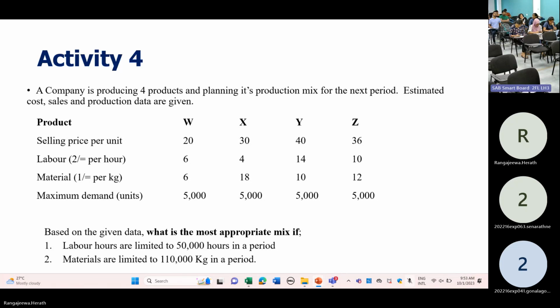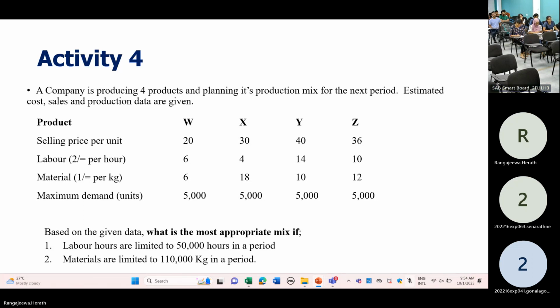The estimated cost of sales and production data are given for products W, X, Y, Z. Selling price per unit 20, 30, 40, 20.